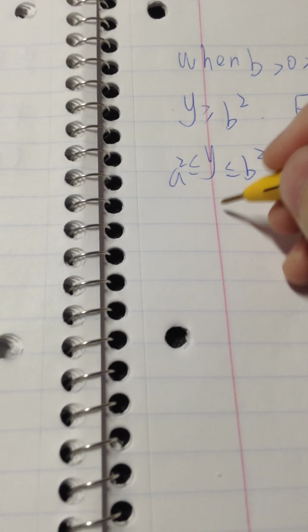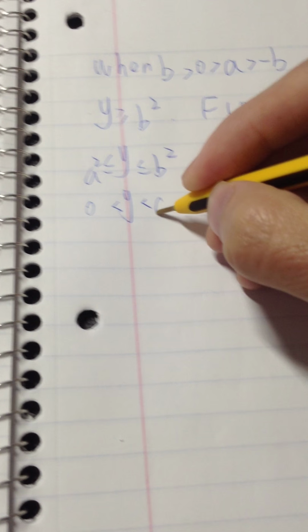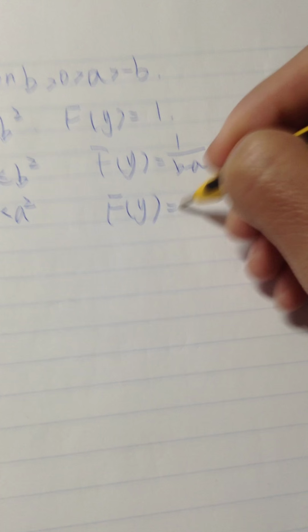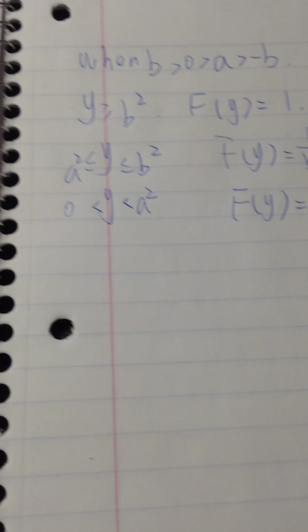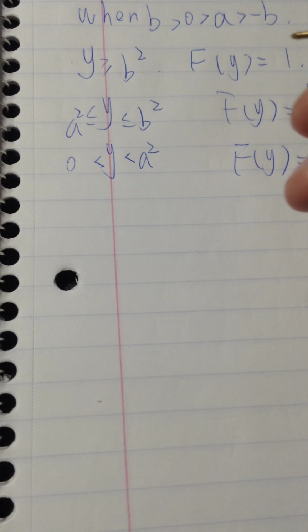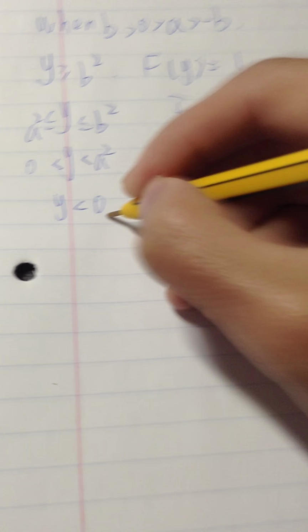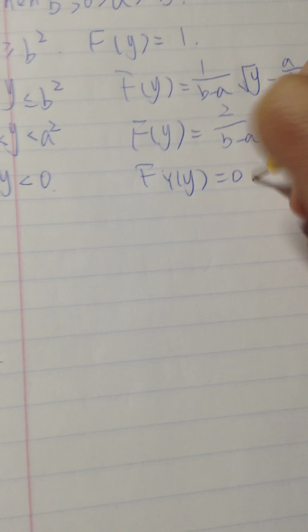And then when y is between 0 and a squared, the fy should be this. And when y is smaller than 0, fy equals 0.